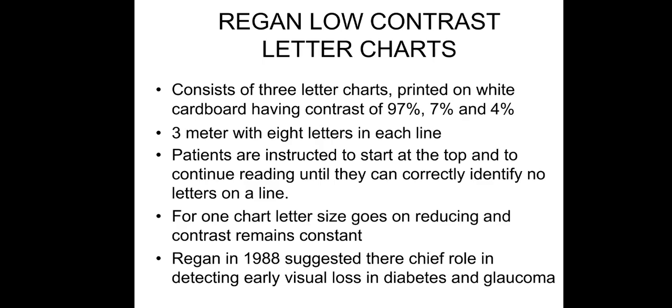Patients are instructed to start at the top and continue reading until they can no longer correctly identify the letters on a line. On one chart the size goes on reducing while contrast remains constant. Regan in 1990 suggested its role in detecting early visual loss in diabetes and glaucoma. So whenever there is early loss in glaucoma or diabetes, we can go for contrast sensitivity, and we can detect the early losses easily.